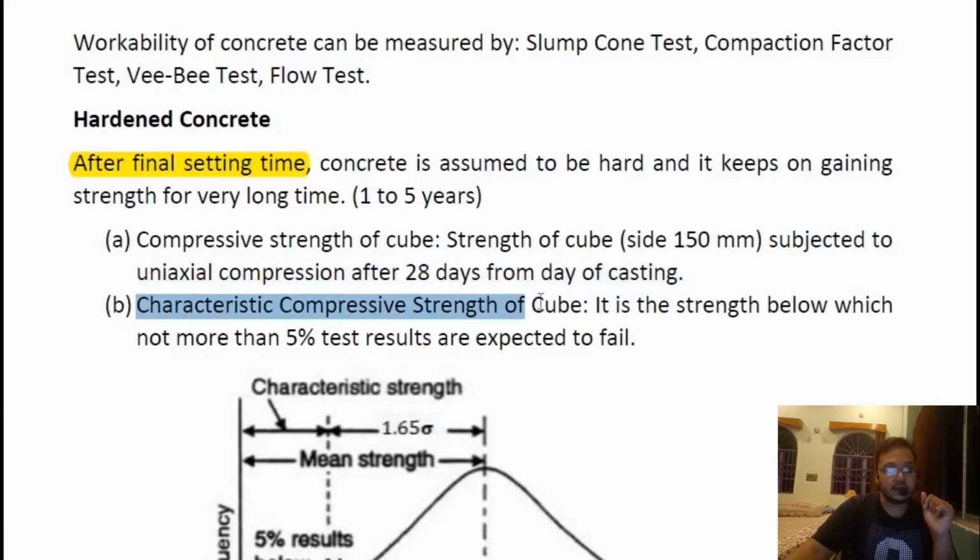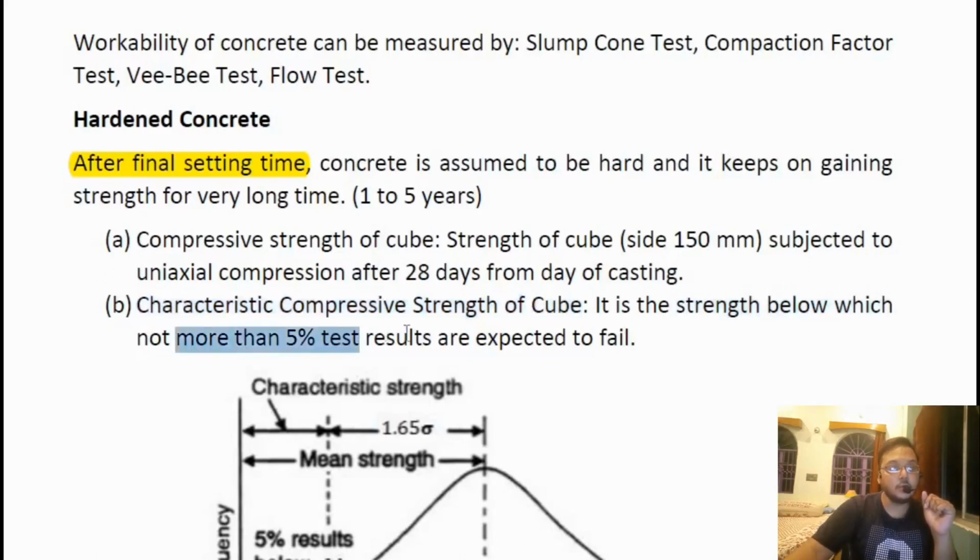So that gives us the idea of the compressive strength of that particular cube or concrete. And next is the characteristic compressive strength of concrete, which is the strength below which not more than 5% of test results are expected to fail.